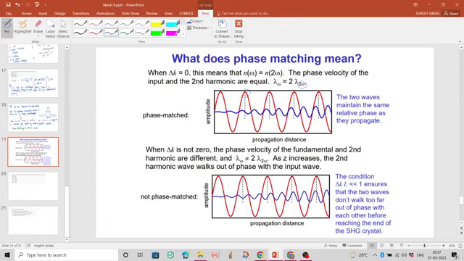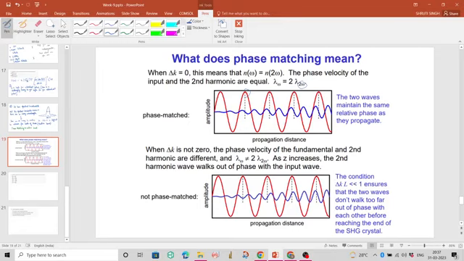Here it is matching somewhere else. Here the maximum of this is matching nearly to the maximum of this, and here also to the maxima. So this is the situation where the phase matching is not happening. The fundamental and the second harmonic are at different phases as they propagate.